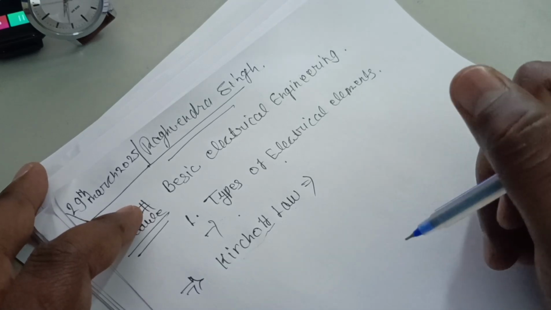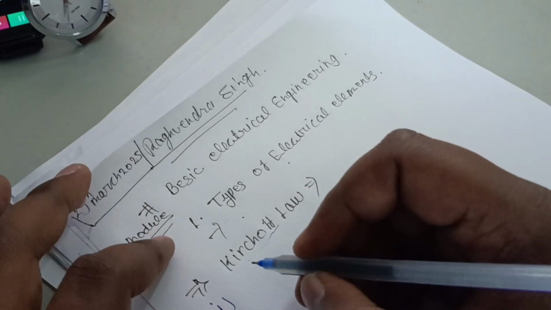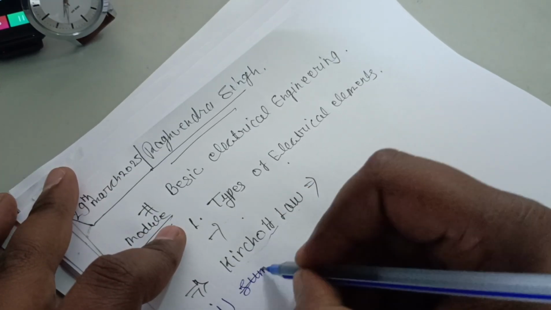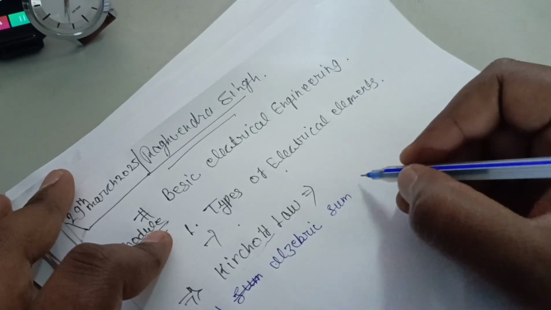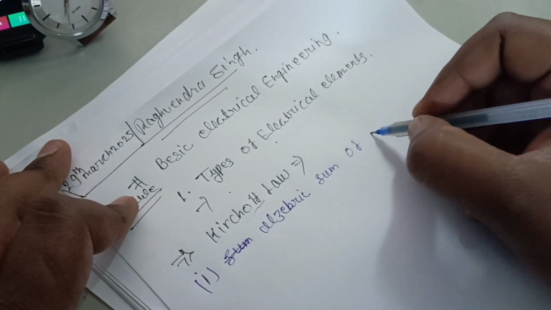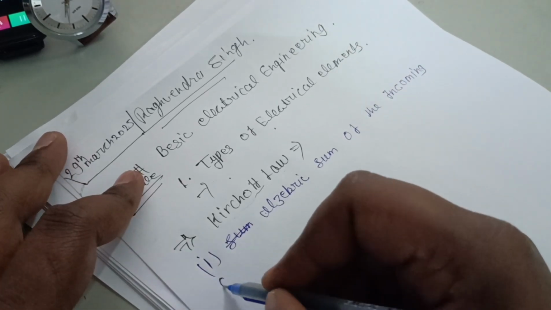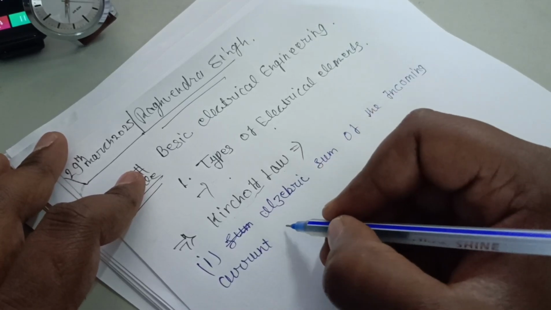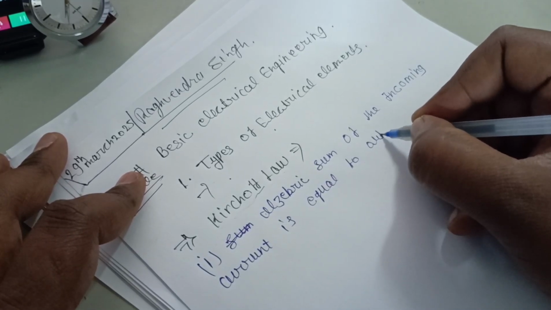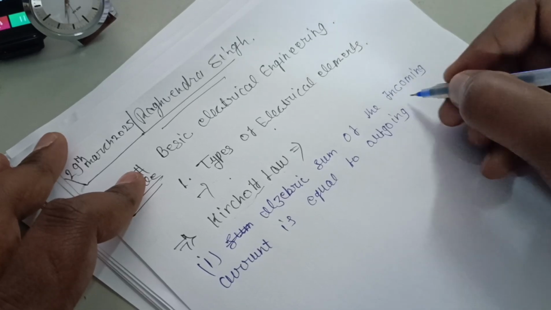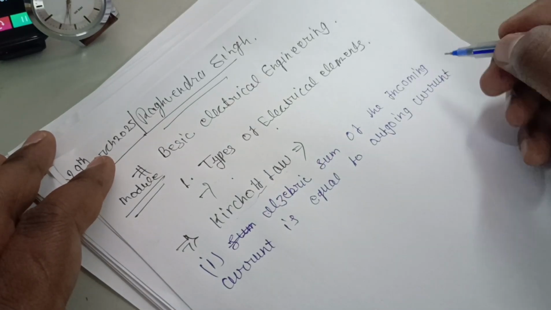The first rule was: the algebraic sum of the incoming current is equal to the outgoing current.